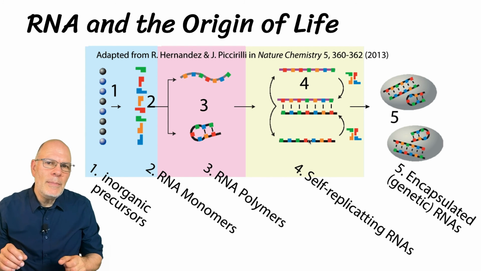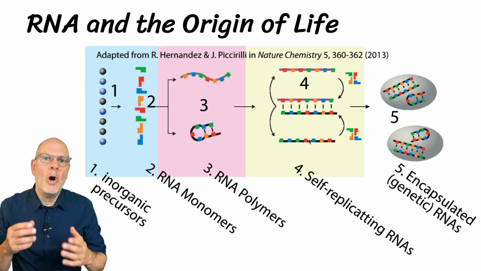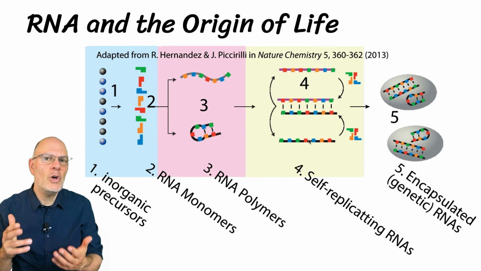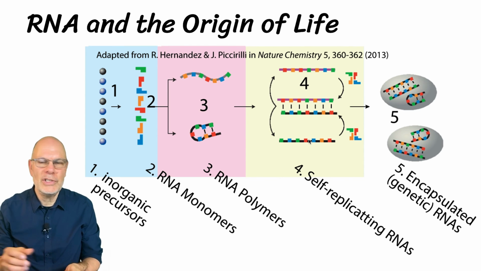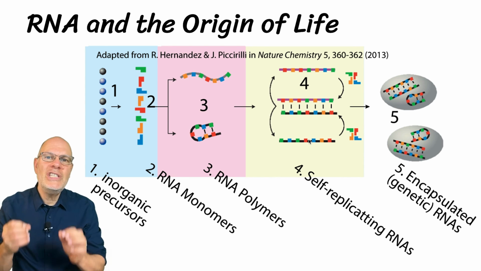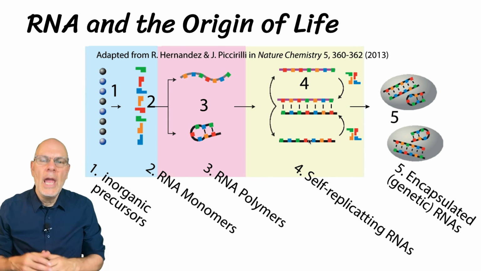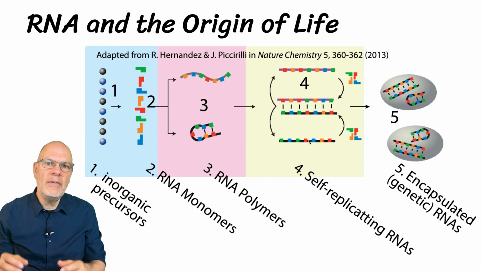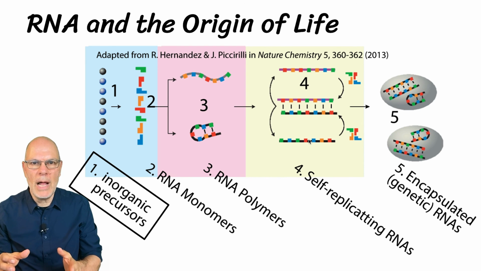Finally, RNA, because it can form all of these complex shapes, is thought to be the first genetic molecule. So in other words, at some point during the origin of life, genetic systems had to evolve. And the idea is that as life was evolving, there was spontaneous emergence of inorganic precursor molecules.